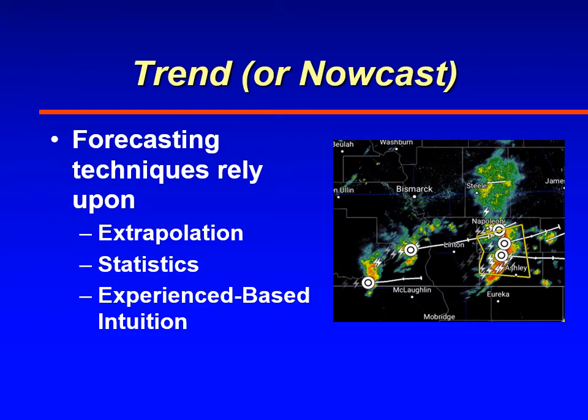This is good when you're looking at things that are not really changing very rapidly. And they are based on extrapolation, also based on statistical methods, and also based on forecaster intuition.